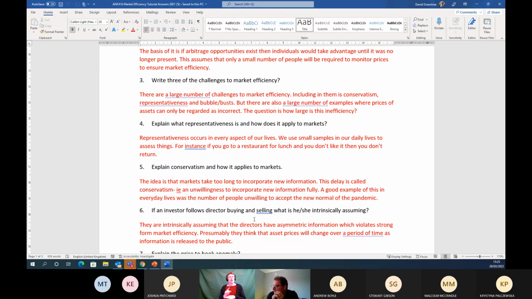A good example of that is, remember when we first heard of COVID in early 2020, how we didn't think it was going to impact on us in any major way, right up until the point in sort of May time when you guys were doing your HNDs.